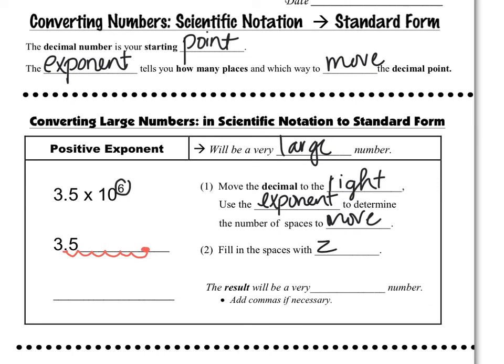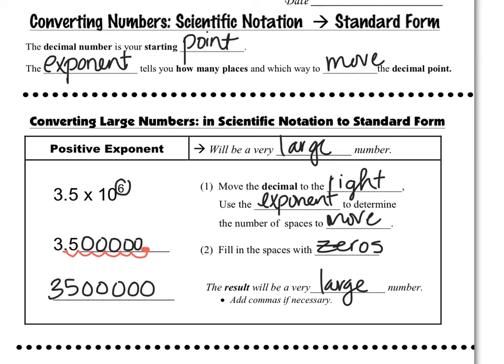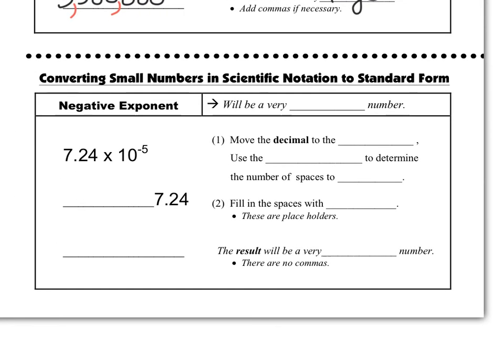I'm going to fill in the spaces with zeros. So then my result is going to be a large number. Let's see what I get. I have 3 and 5, and 1, 2, 3, 4, 5 zeros, and when I place my commas, looks like I have 3,500,000.